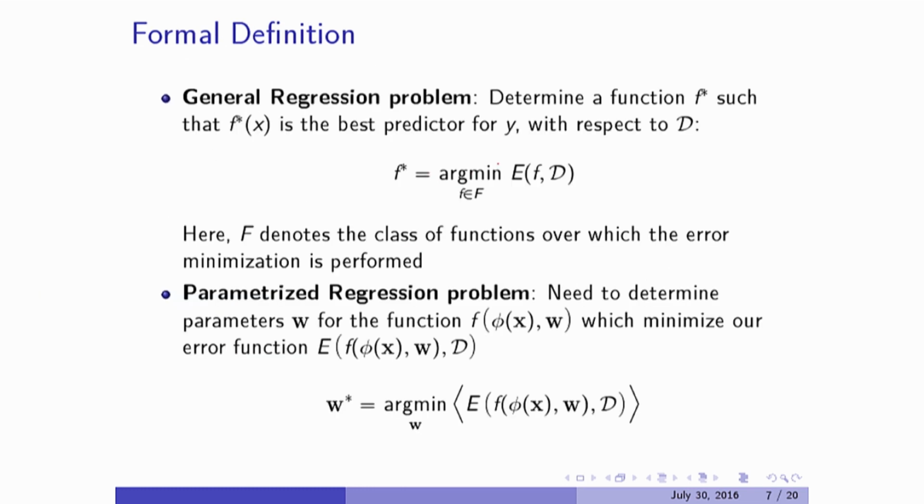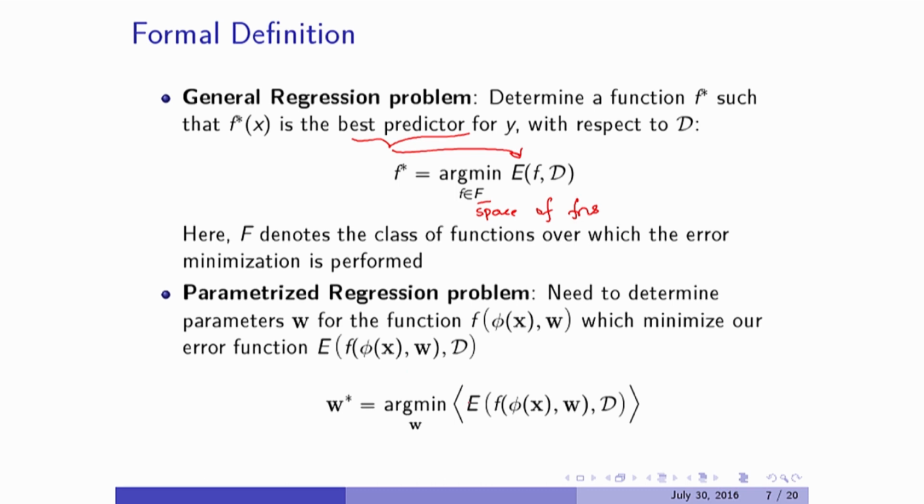And the general regression problem is to find a function f in some class or space of functions such that you minimize an error. Now the error is what will help us determine the best predictor. So if the prediction with respect to an f is very far from what we observe in the data set, you would incur higher error.